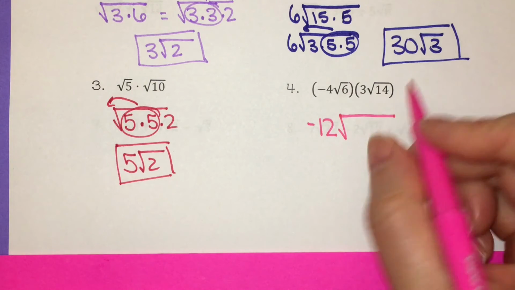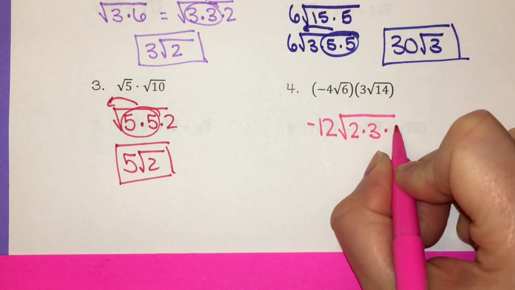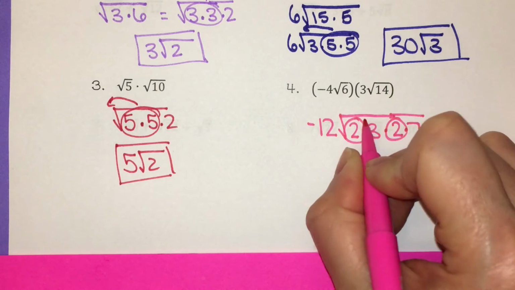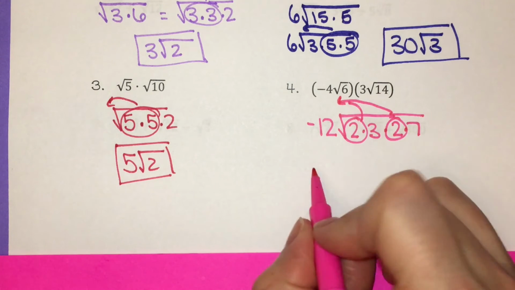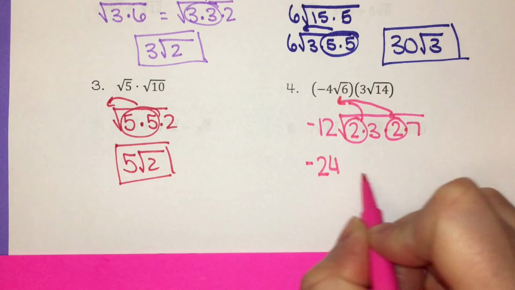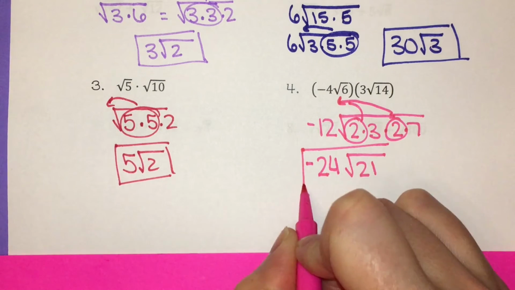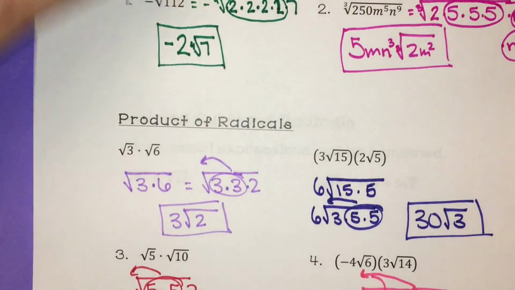Square root of 6 breaks down to 2 times 3, multiplied by 14, which breaks down to 2 times 7. Because we have a pair of 2's, we can bring a 2 out. So -12 times 2 is -24. Square root of 3 times 7 is 21. All right, hopefully you're able to get those ones.